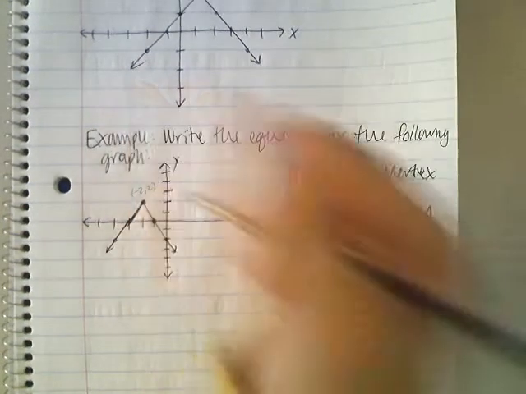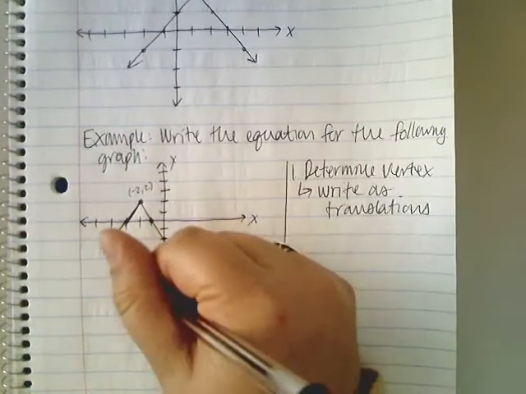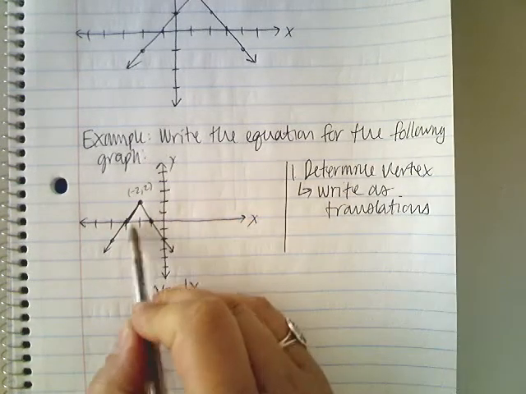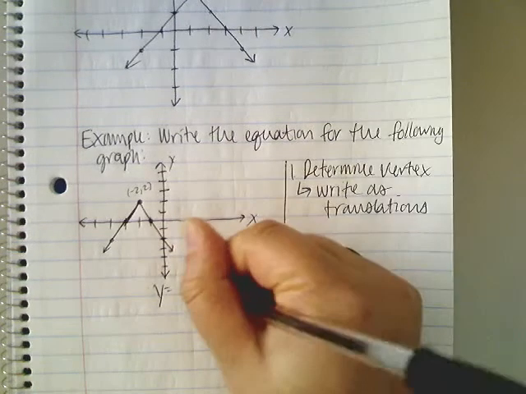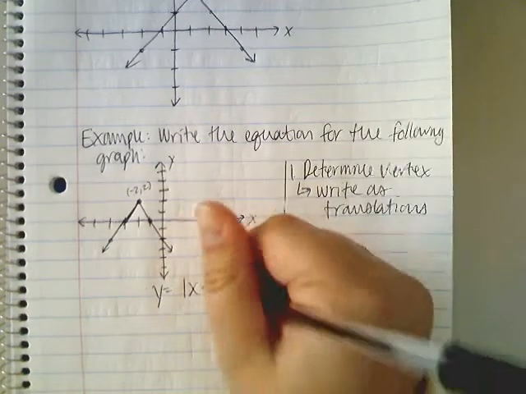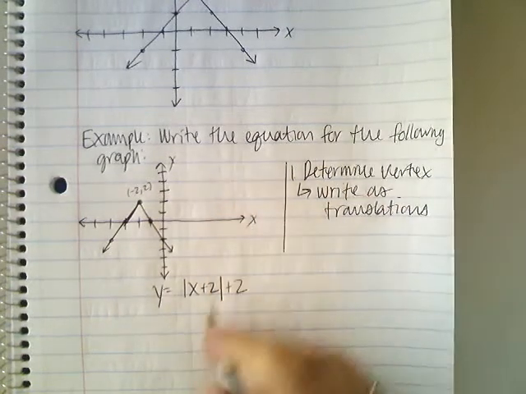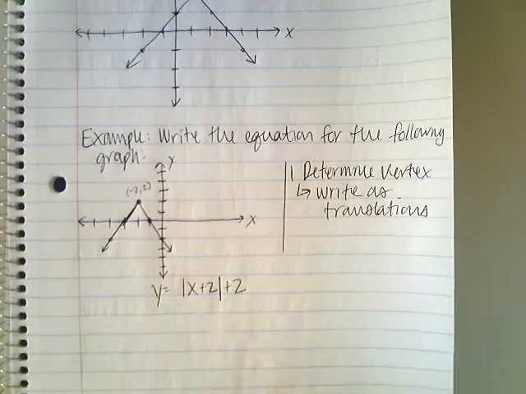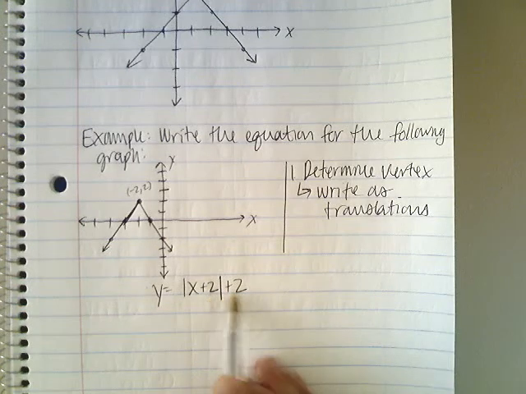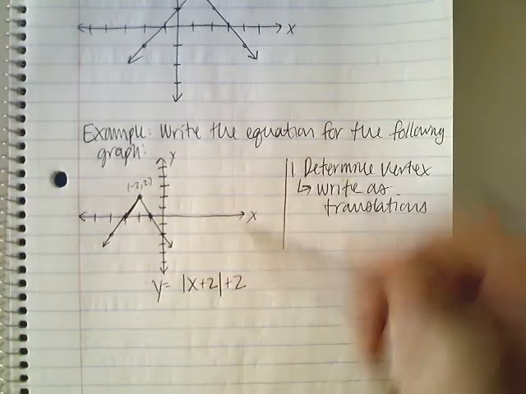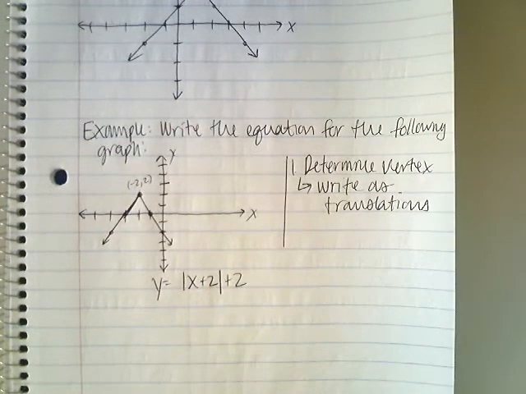So my new vertex is -2, 2. So if I'm writing my equation, I know y is equal to the absolute value of x. Since I'm going in the negative x direction, I know it's going to be the opposite. I'm going to add it. So I have x plus 2, and then I went up 2 in the y direction. So outside the absolute value, I'm going to add 2 also. So it's going to be plus 2 in the absolute value, plus 2 outside the absolute value. So I did my horizontal translation and my vertical, and I plugged them into my equation.